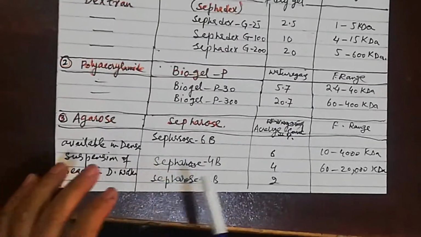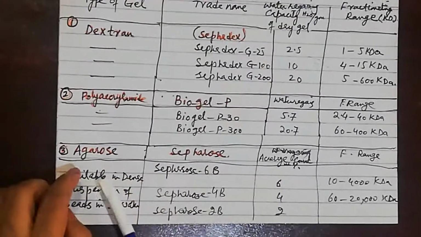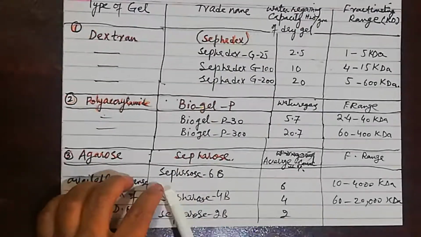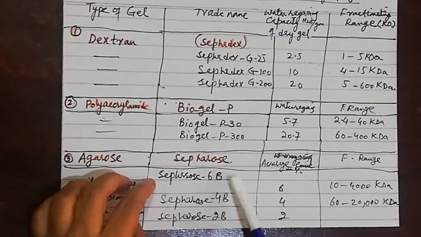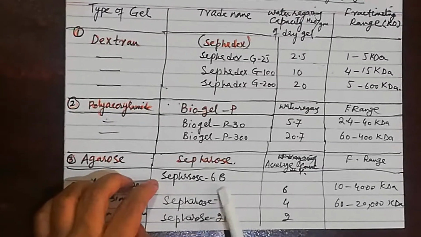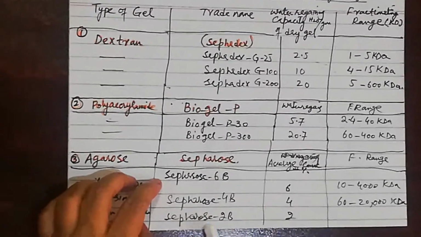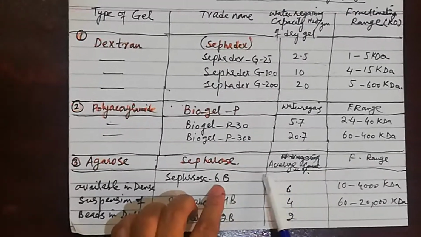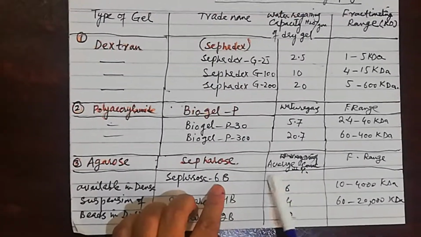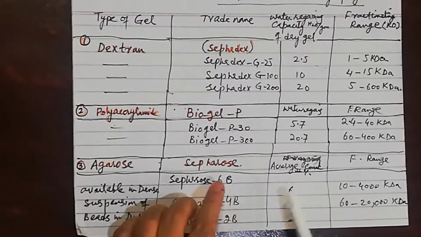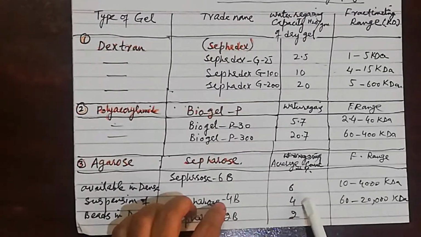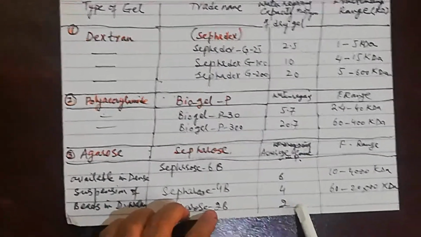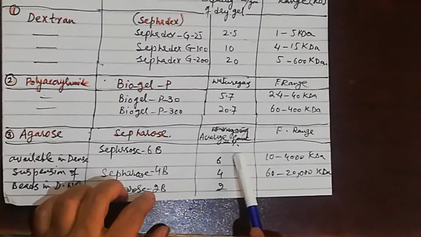In this agarose gel, the trade name is Sepharose, and it is available in three varieties: Sepharose 6B, 4B, and 2B, having average concentrations of 6, 4, and 2 percent respectively.